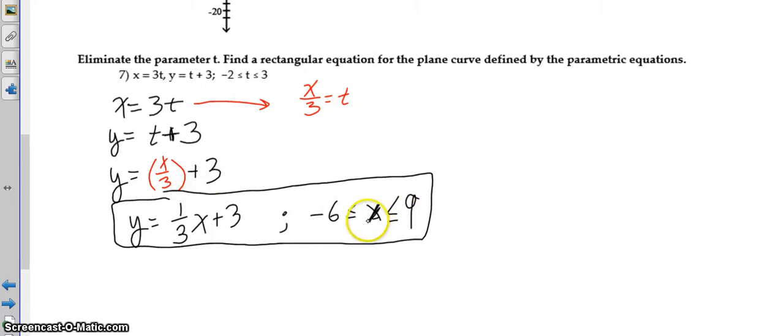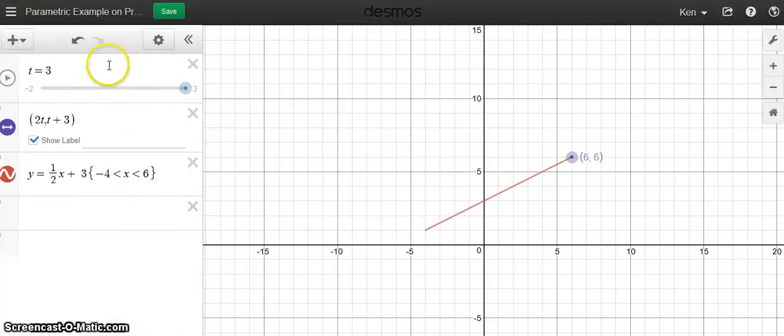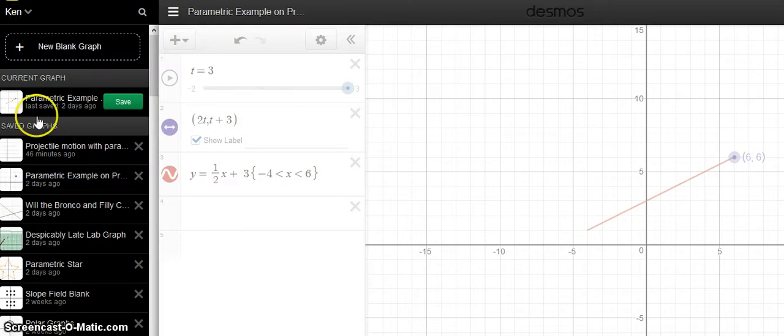Okay? Now, we do have some other examples in physics for parametric equations, and I'll just take a look at something like that right quick here. So we'll go to that.